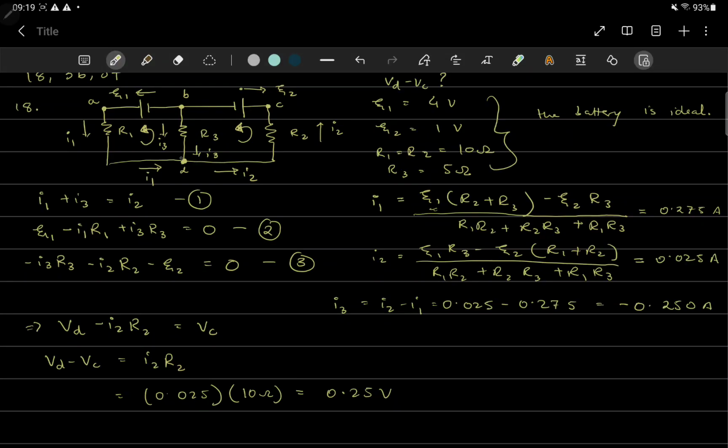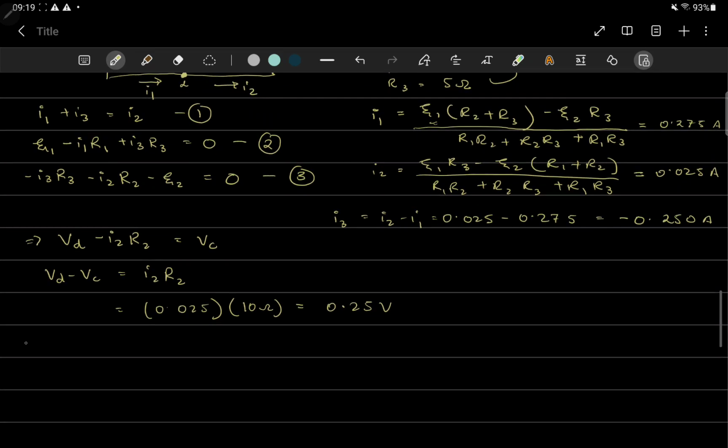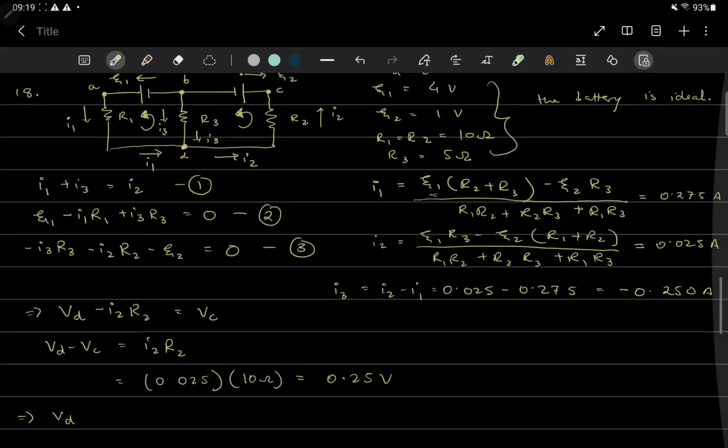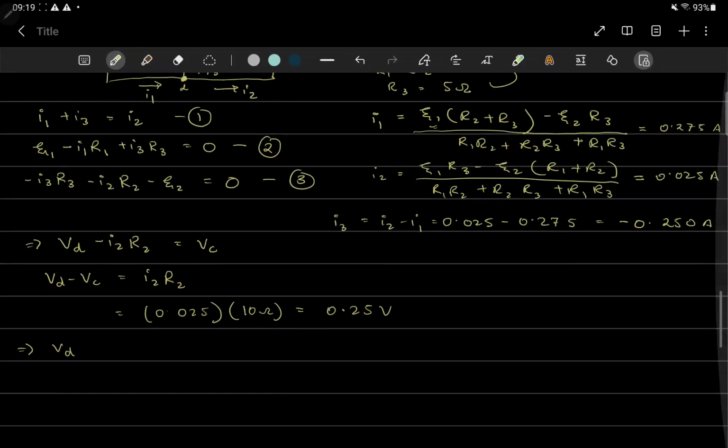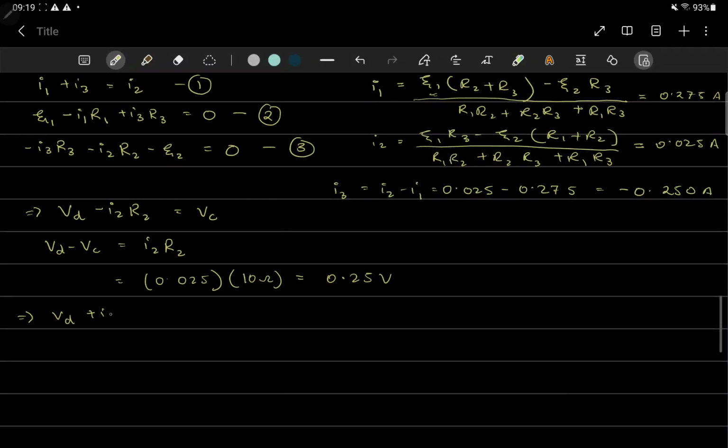So if I go from D to B and then C, I can do that as well, and in that case I will get another expression. If I start from VD and then I encounter I3, it is in the opposite direction of our loop, which is the direction I'm considering. So in that case I will get a plus I3 R3, because resistors contribute negatively, but it's in the opposite direction.